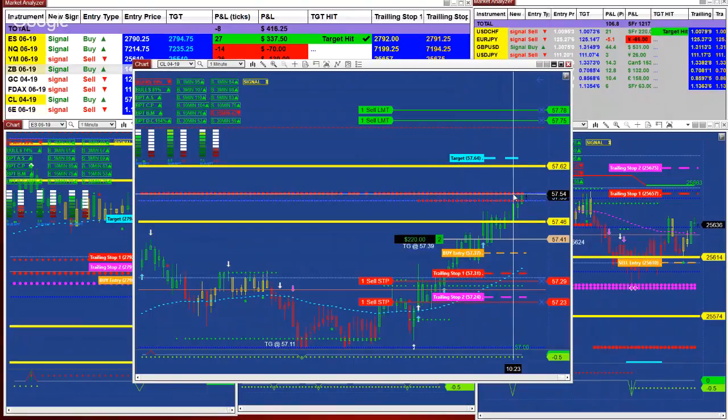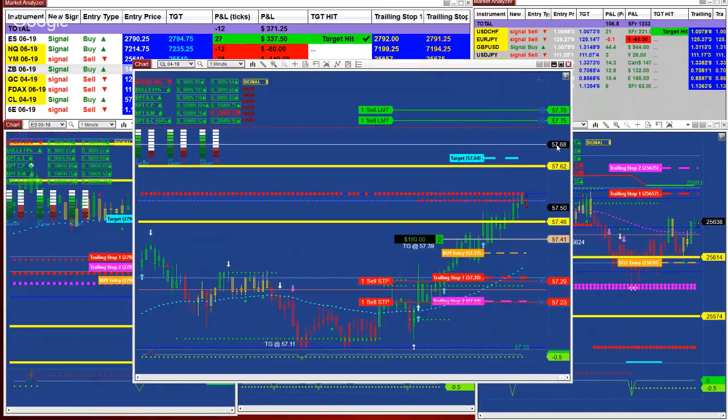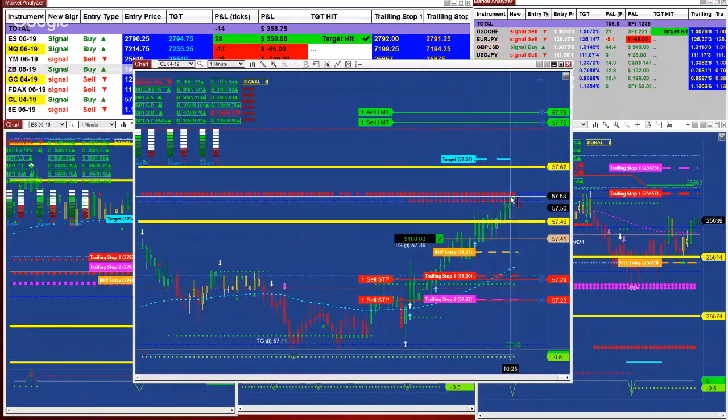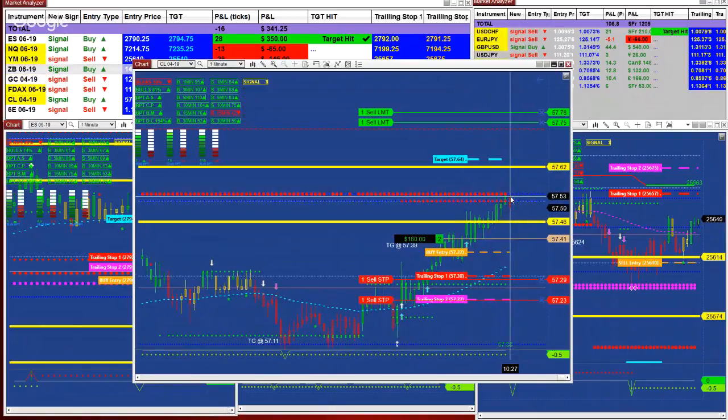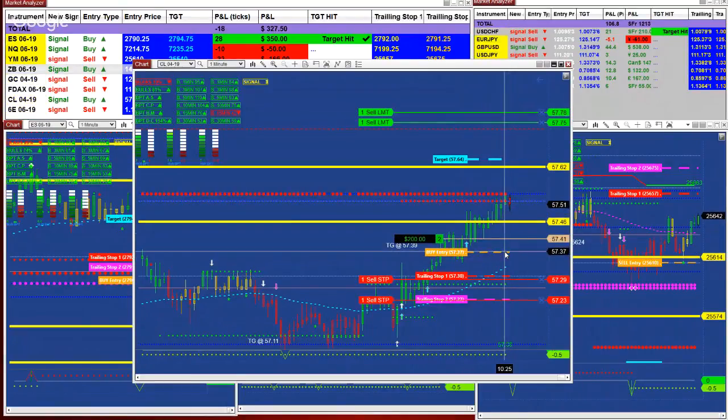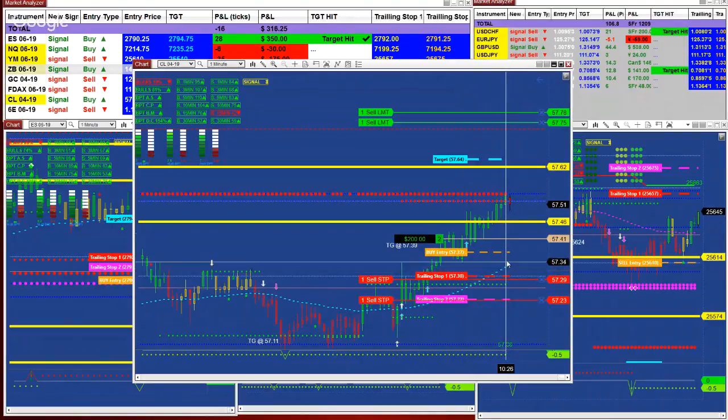I react on key levels. Where are my levels? Where is it most likely going to project? We predicted that 15 minutes ago, where most likely this market is going to be projecting, and it is going back at the moment, because of this line here at 57.33.